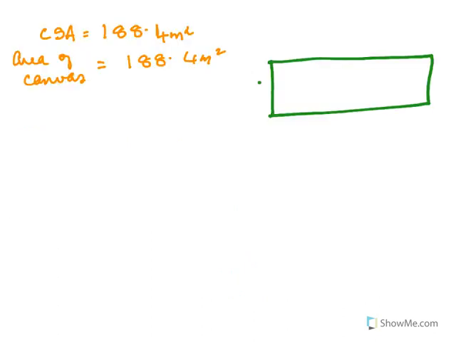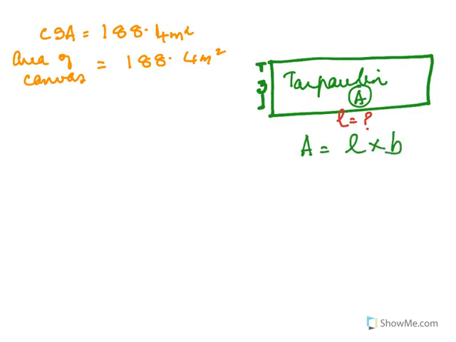Where do I mark this? This is my 3 meters from here to here. The length is my question. I do not know my length. So this is my question. This is the tarpaulin I require, the area. So the area of this tarpaulin is length into breadth.